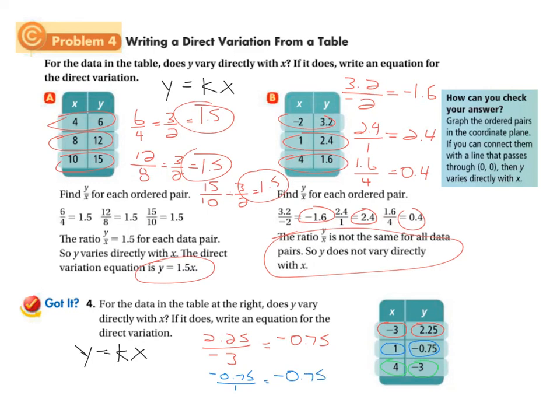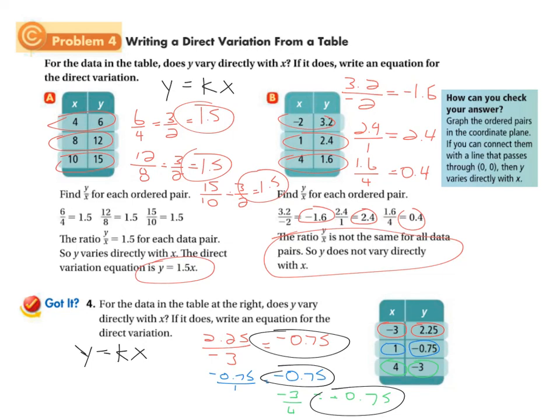That's looking good so far. And the final one in green is -3 divided by 4, which if you actually turn that into a decimal, you get -0.75.